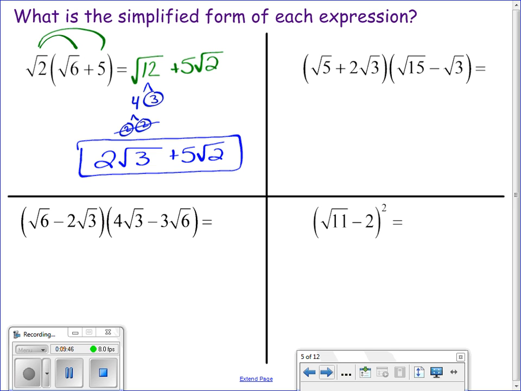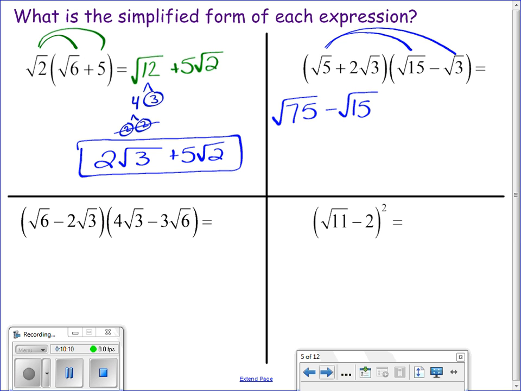All right, so here we go. So radical 5 times radical 15. Radical 75. Ooh, my radical got a little long. All right, and then we'll distribute radical 5 times a negative radical 3. Good, negative radical 15.